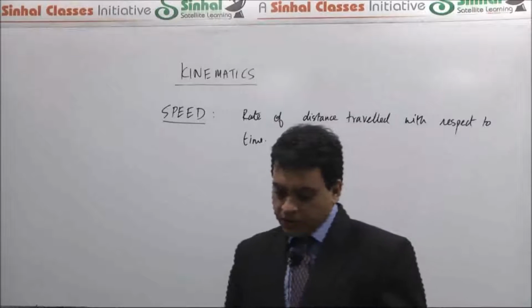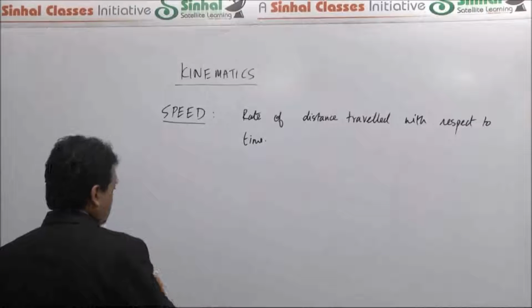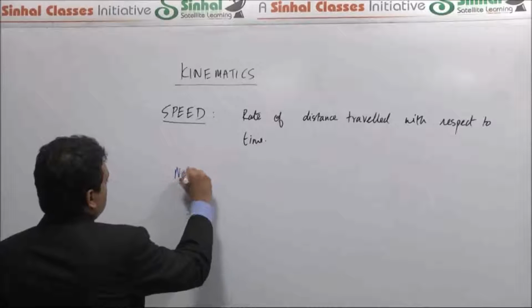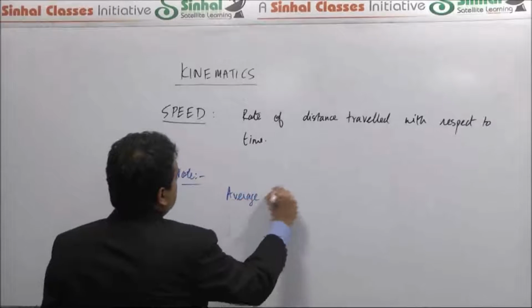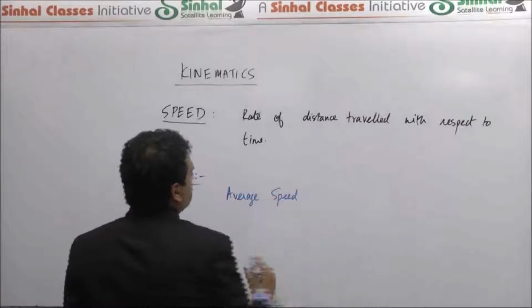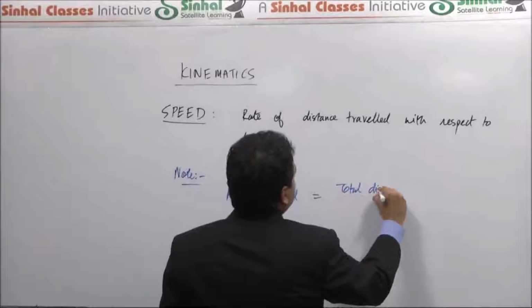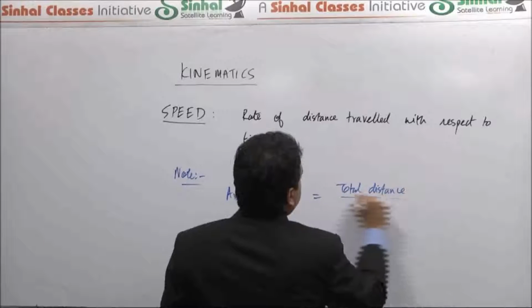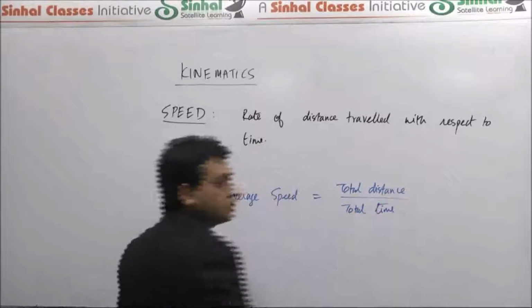So speed, when we talk about average speed, we will define it as the total distance divided by the total time taken, right?